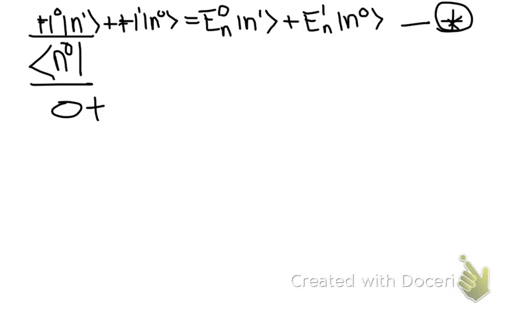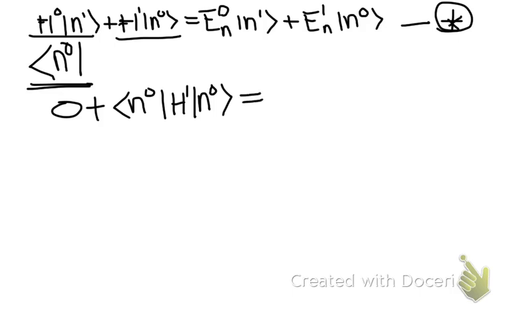So let's look at the second term. When I operate this n0 on my second term over here, it will give me n0, H1, and n0. This term in fact is very important, right?